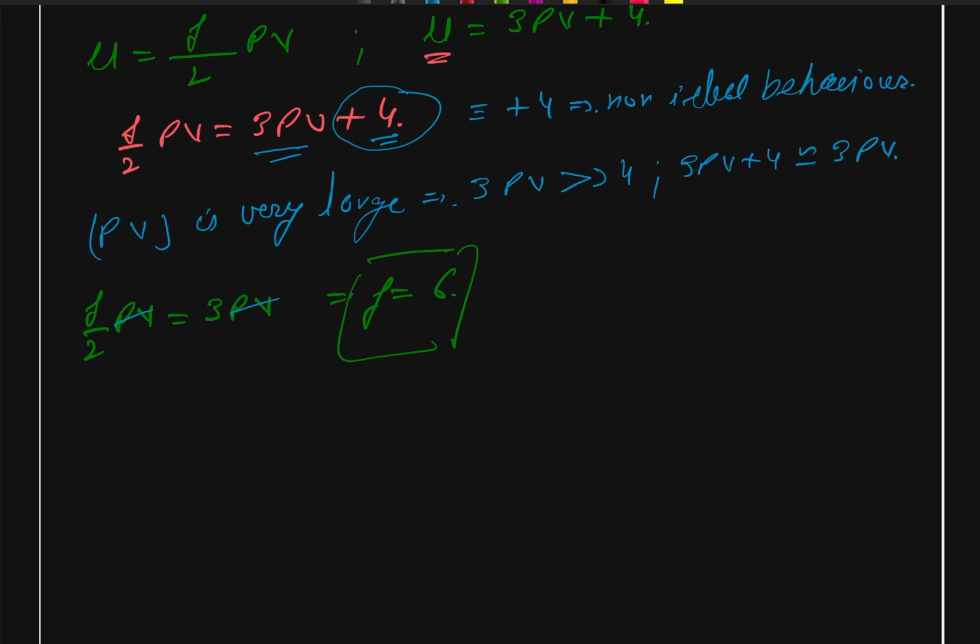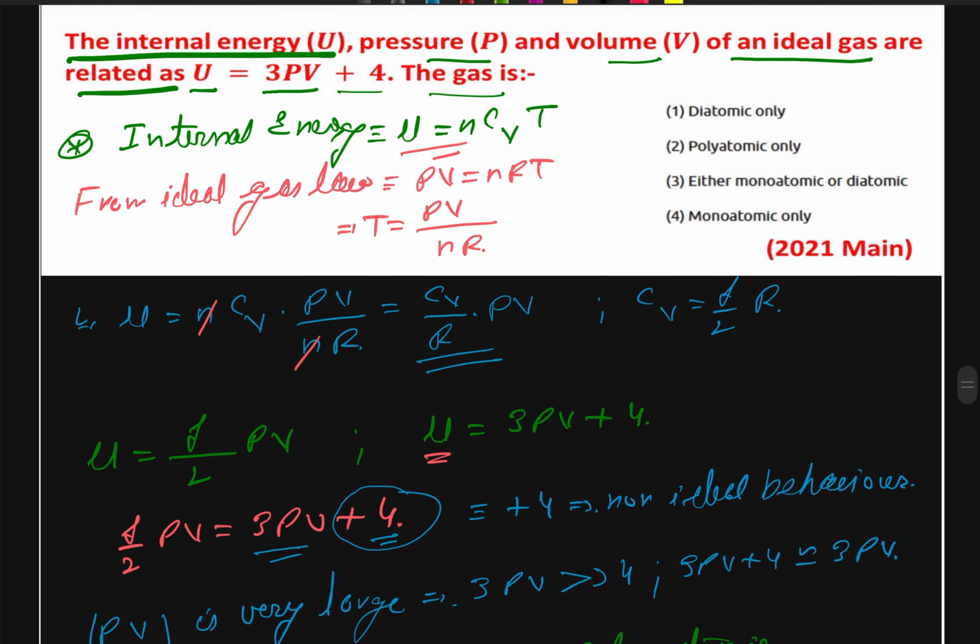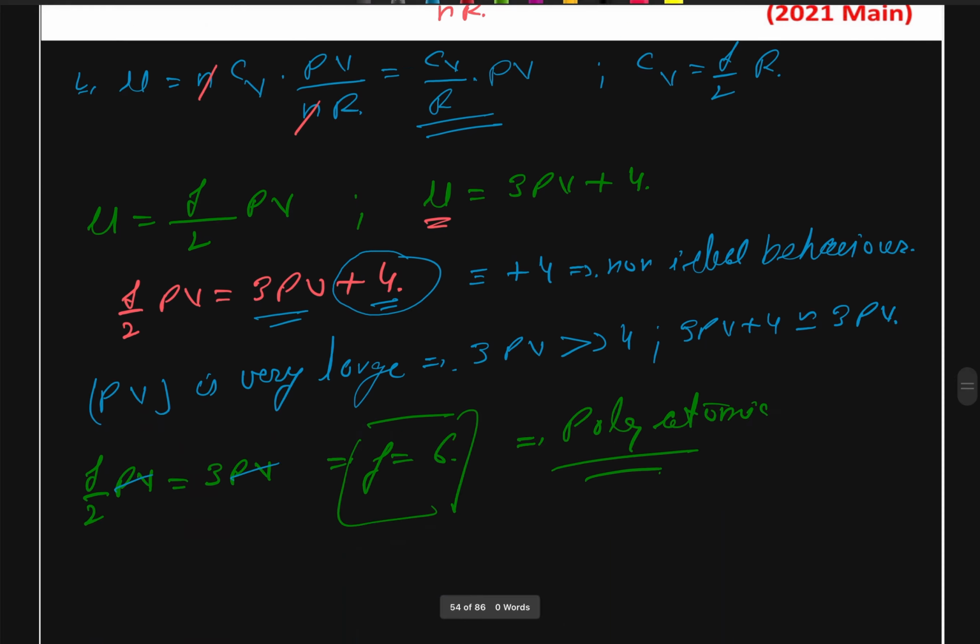And we know that for monatomic the degrees of freedom are 3, and for diatomic it is 5, translational as well as rotational, but for polyatomic it is either 6 or greater than 6. Therefore we can say this is polyatomic. So option 2 is correct.